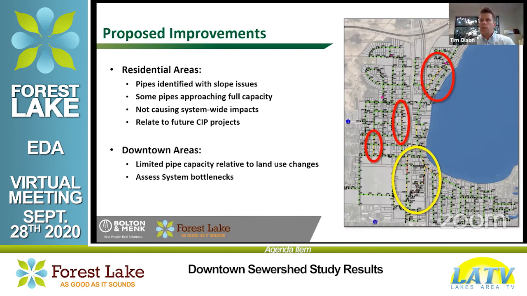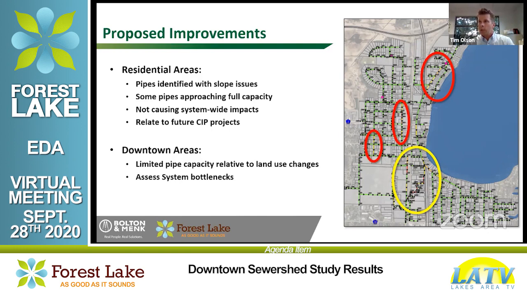And in some situations, the pipe may have been constructed at a much shallower depth. Maybe those systems are much older as well, and don't necessarily follow today's current design standards. And so we've identified those pipes that are maybe seeing some capacity issues based on slope. They don't necessarily cause system-wide impacts, and we can relate those back to CIP projects in the future.